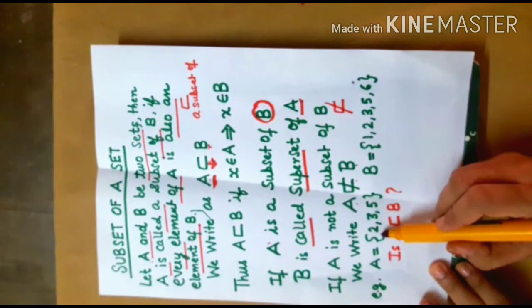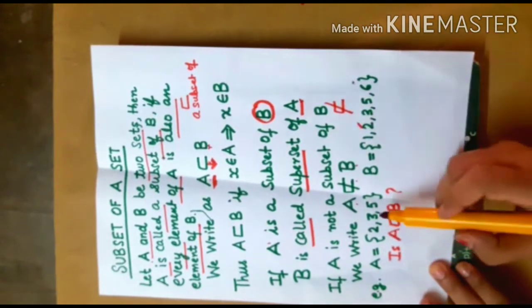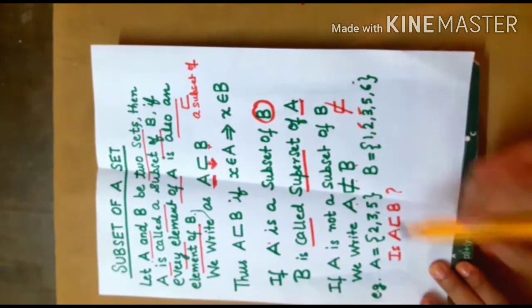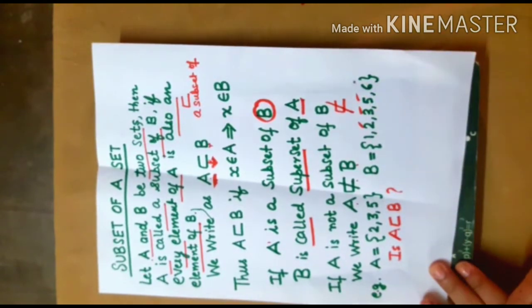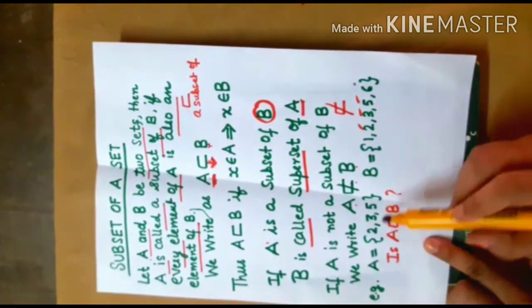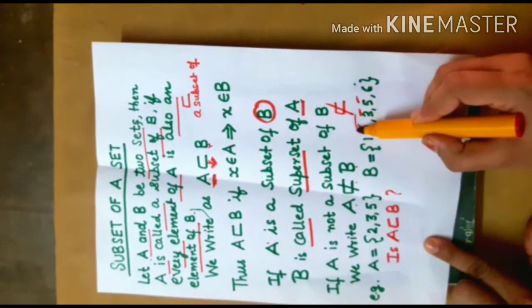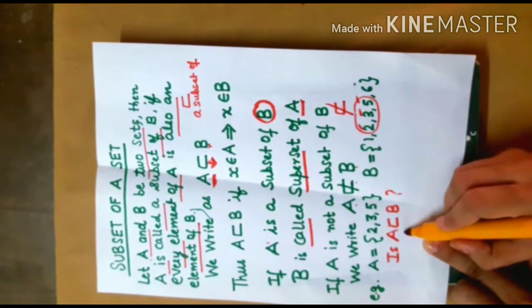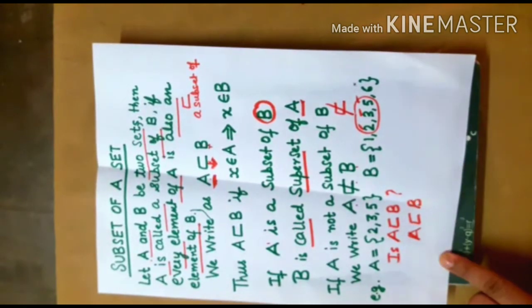First element of set A is 2. Is it there in B? Yes. Next is 3. 3 is also present in B. Next is 5, which is also there in B. So we see that every element of set A is present in the set B. So that means A is a subset of B.